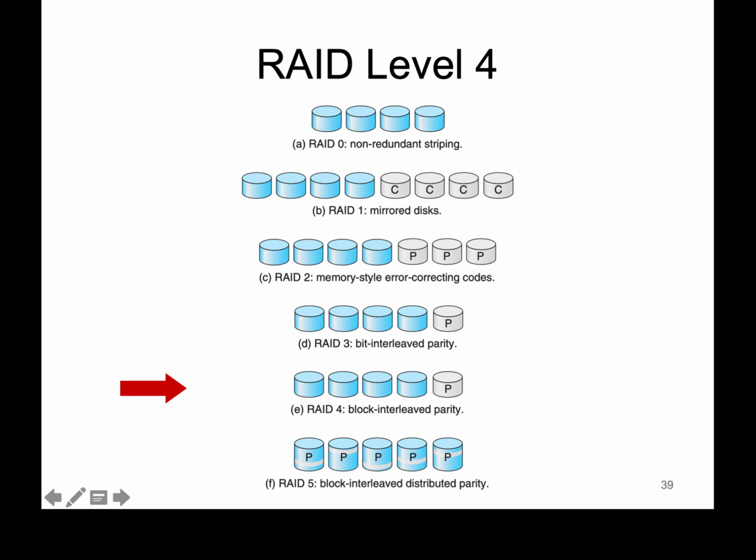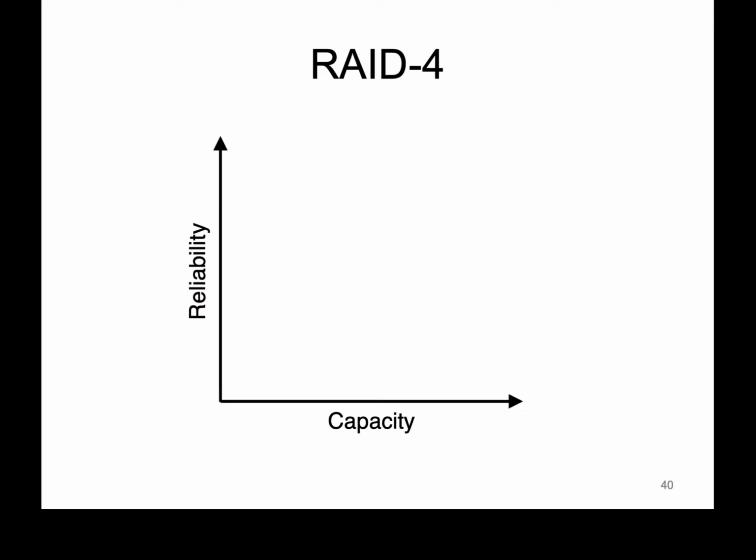All right, so let's move on to RAID 4. So here, we're looking at this two-dimensional matrix space. In the horizontal dimension, we have capacity, and in the vertical dimension, we have reliability. We've already discussed two basic RAID configurations, RAID 0 and RAID 1.